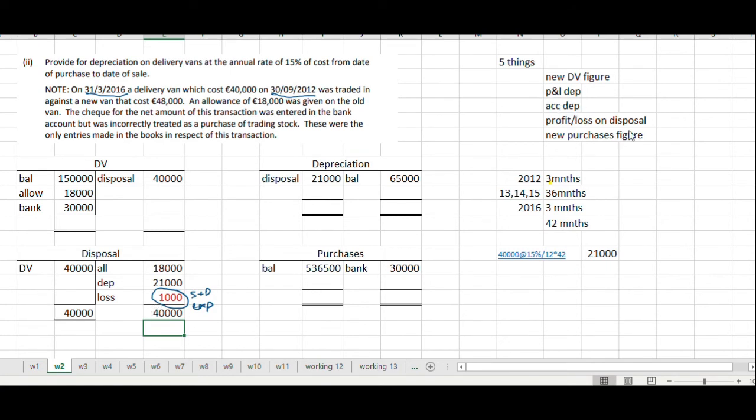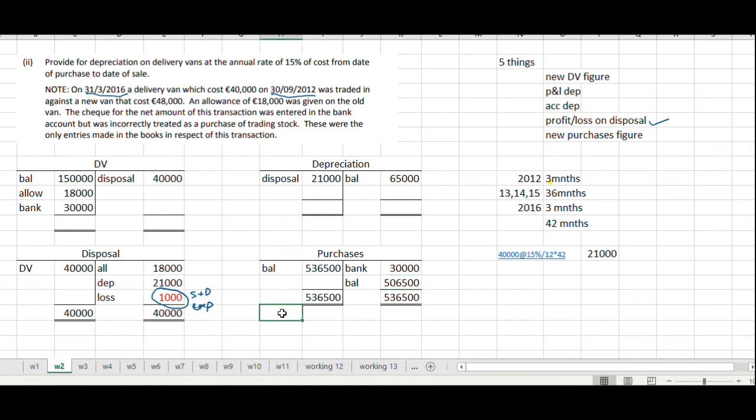I'll just go up here. That's one figure done. Second figure I'm going to do is the purchases account. Again, we could balance it off and do all that, so I'll do it very quickly. 536,500. So the balance would be, in this case, 506,500.